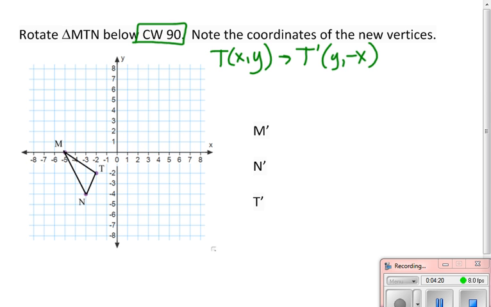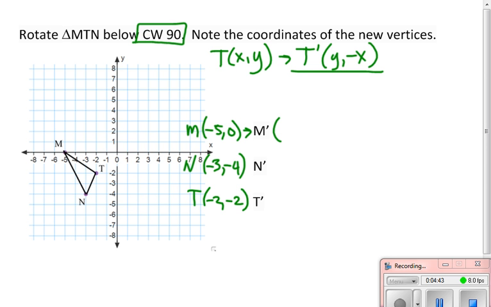So if we note what our coordinates are, M is at (-5, 0), N is at (-3, -4), and T is at (-2, -2). So my rule says make the y first and do the opposite sign. Make the y first, do the opposite sign. Make the y first, do the opposite sign.